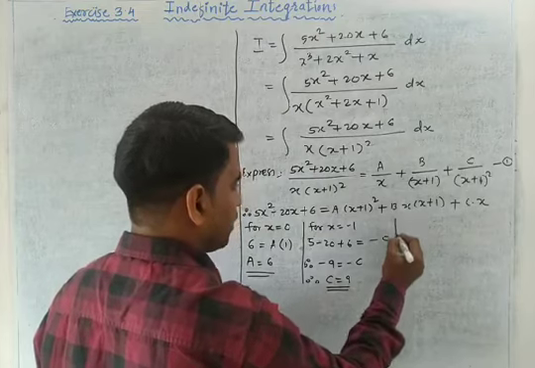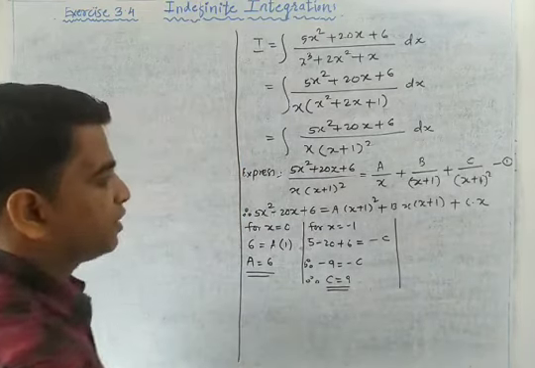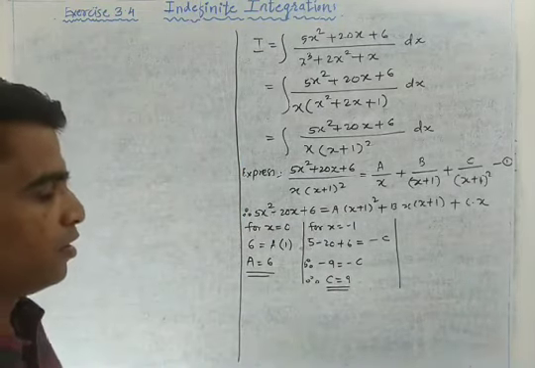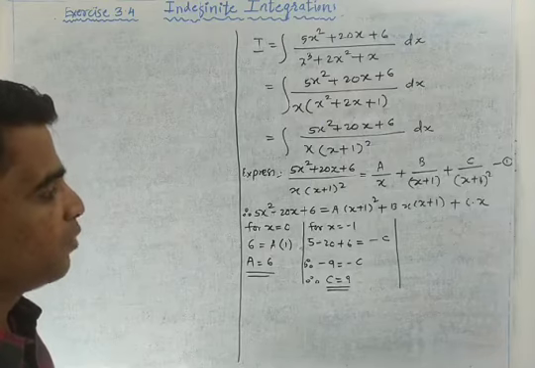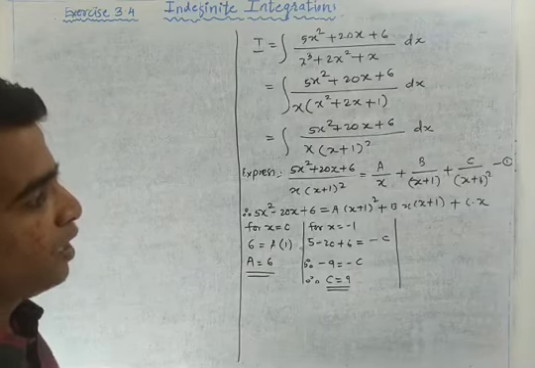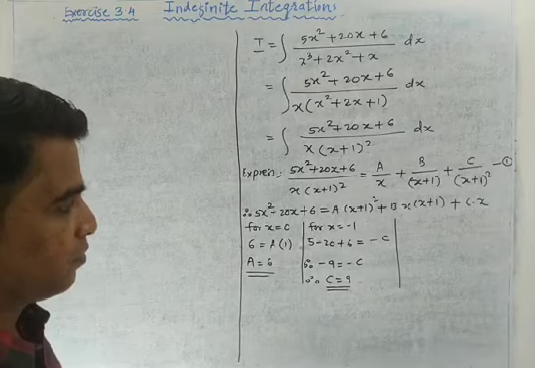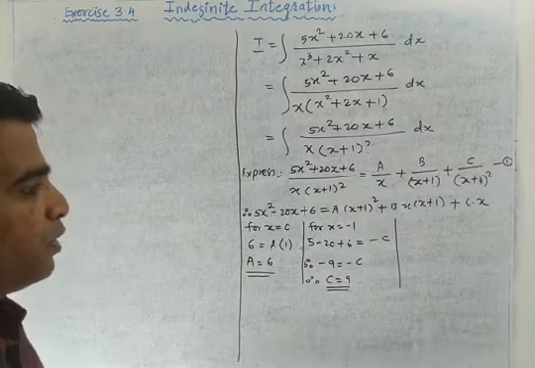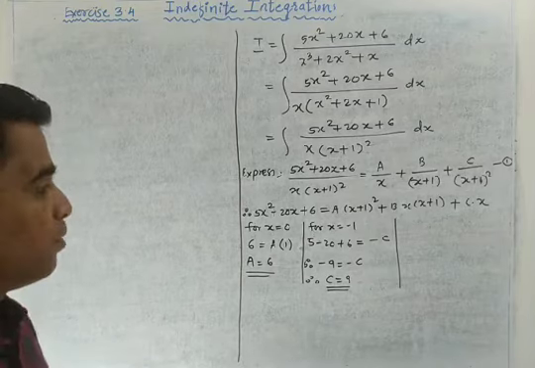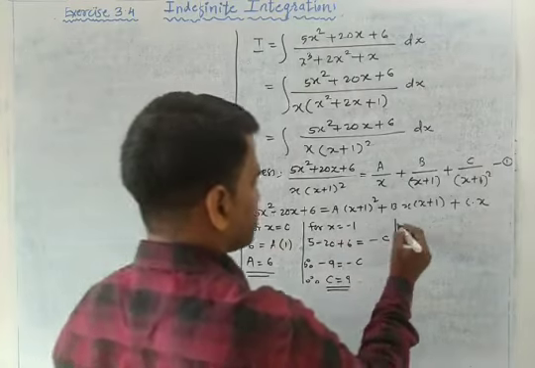So now the value of C you got. Still the value of B is not yet found. So for finding the value of B, we can't substitute x = 0 and x = -1. For this we will use any other number than 0 and -1. So we'll use x = 1.